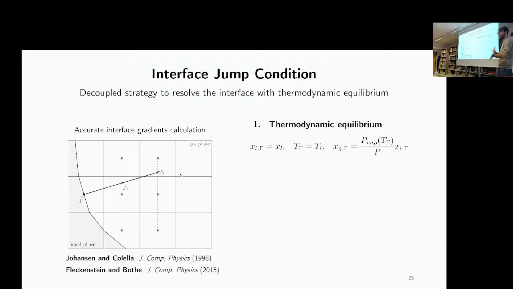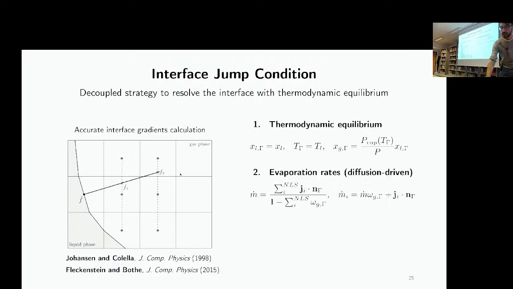We calculate the mole fraction in gas phase at the interface using the thermodynamic vapor-liquid equilibrium, and with this information we can compute the total vaporization rate and the vaporization rate for each chemical species. For a reliable calculation of the vaporization rate, it's important to have an accurate method for the interface gradients that we take from the methods for generic solids on Cartesian grids from Johansen and Colella, for example.